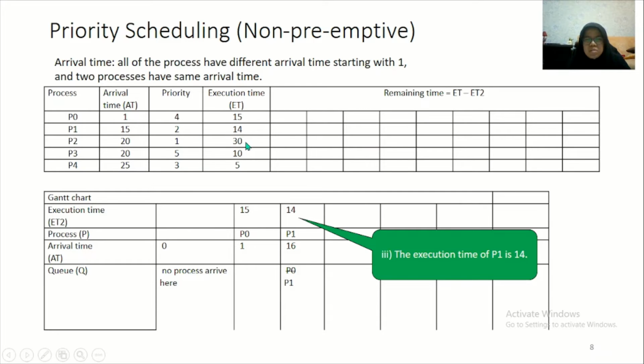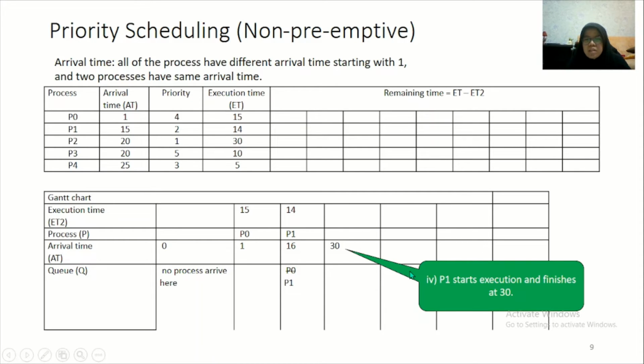We choose P1 because its arrival time is 15 and its priority number is 2, which is considered a higher priority. Then P1 will start the execution and finish at 30, which is the completion time of P1.